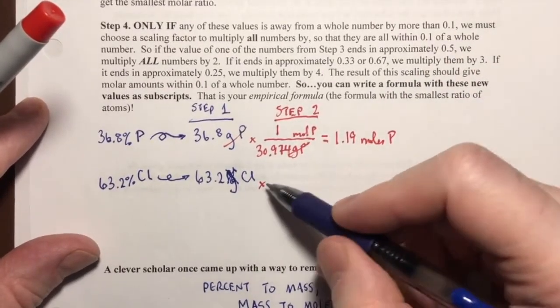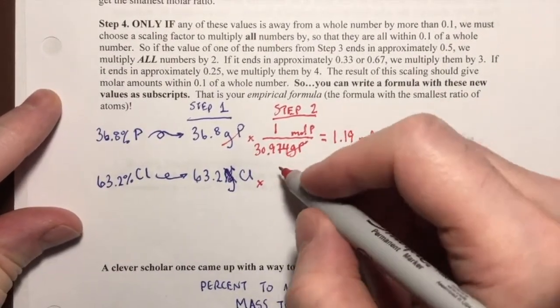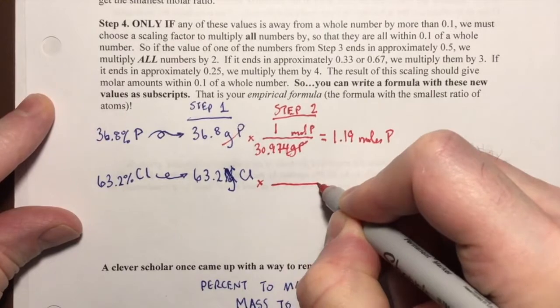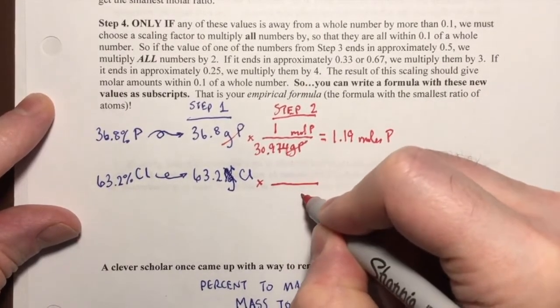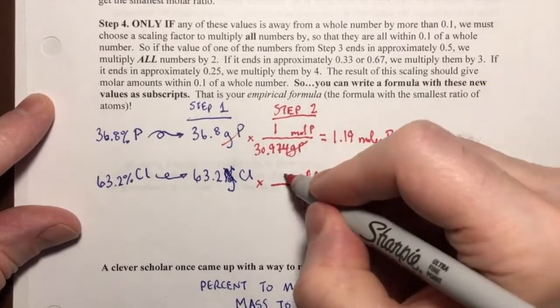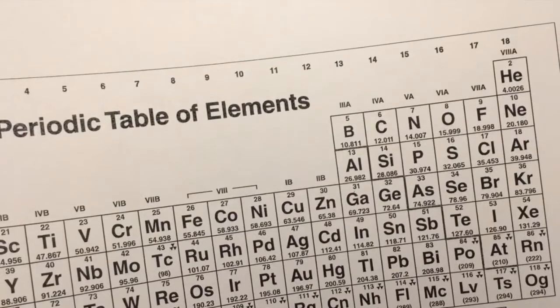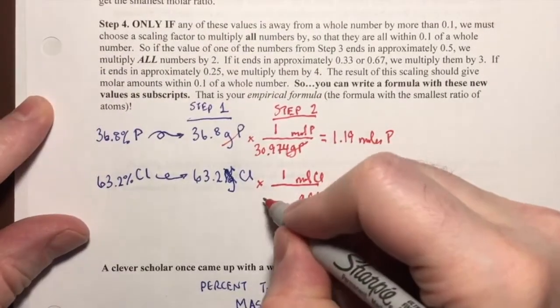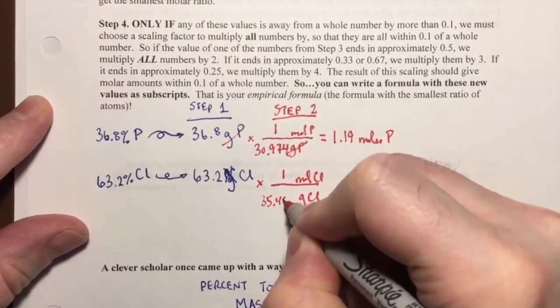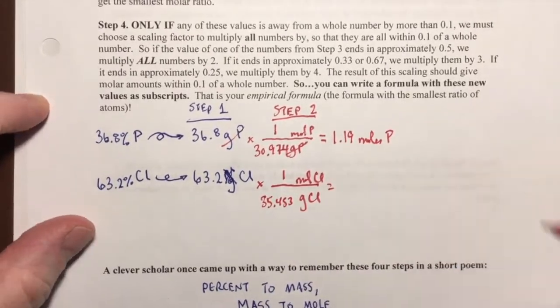Okay, so we're going to do the same thing here with the chlorine. We're going to convert it from grams to moles. So we multiply it by its conversion factor, and we know that grams of chlorine go on the bottom, moles of chlorine on the top. 1 mole of chlorine is 35.453 grams of chlorine, so we do that math.